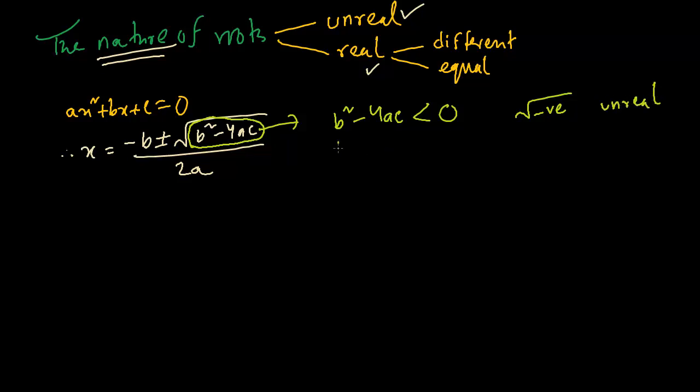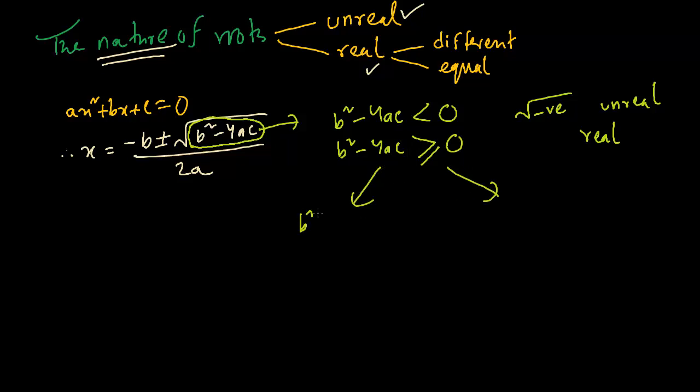If on the other hand b squared minus 4ac is positive, meaning not negative, or 0, the roots would be real. So we have basically two situations. Either the roots would be negative or it would not be negative. Not to be negative means two situations. We can again break this down into two situations.